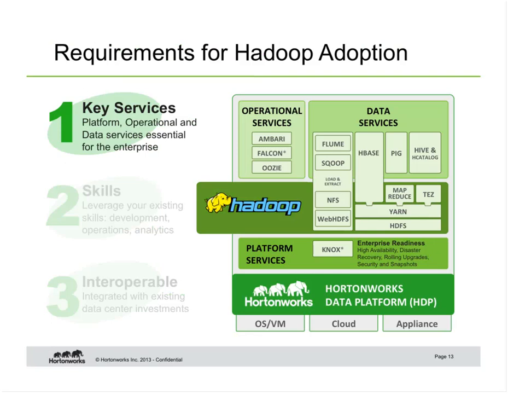So firstly, the platform must provide the key services, meaning Hadoop is an open source technology. It can be complex to deploy and run, and so in order to drive the overall adoption, the platform must provide all of those key services, meaning operational services. How do I deploy, monitor, and manage it? It must be easy to do.